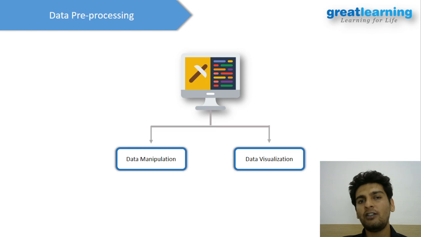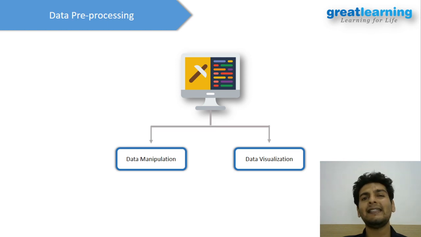If you were to manually look at each record and check the age of the employee and the salary of the employee, then that would be a Herculean task. So this is where data manipulation comes to your rescue. With the help of data manipulation techniques, and if you use languages such as R or Python, you just have to type in one line of code and you'll have your results at your disposal.